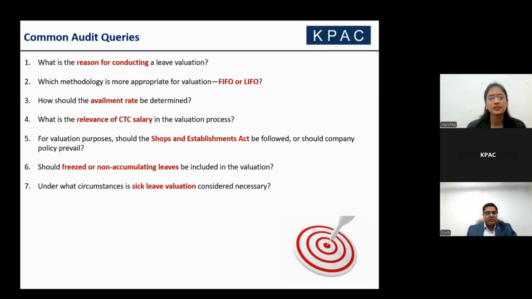And last is, under what circumstances is sick leave valuation considered necessary? So if sick leave accumulates over time and is expected to be utilized even if not encashable, it creates a future obligation that requires valuation under long term employee benefit standards.